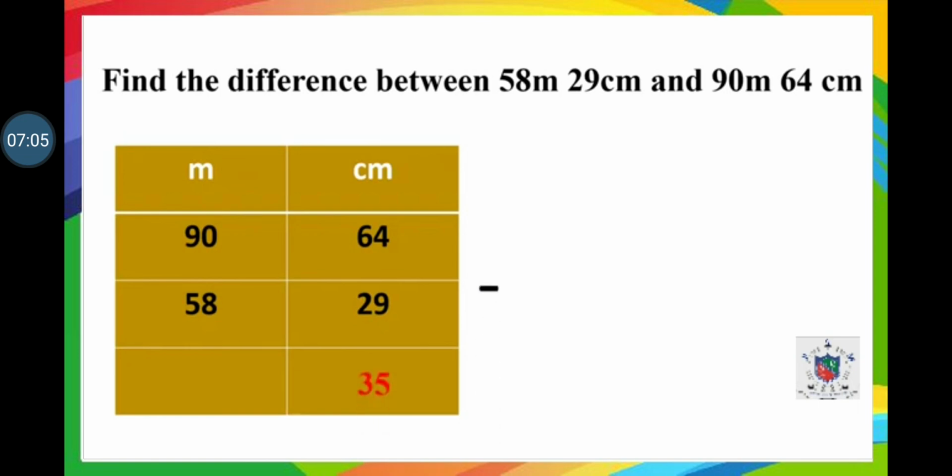Yes, we get 35. And here we have to subtract 90 minus 58. What do we get when we subtract these two numbers? Yes, 32. So dear students, what is our final answer that we get after subtraction? 32 meter and 35 centimeter.